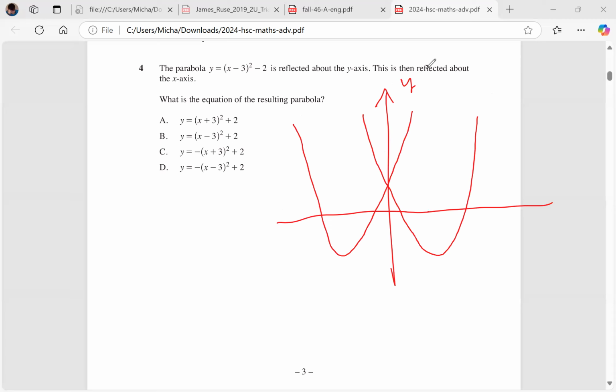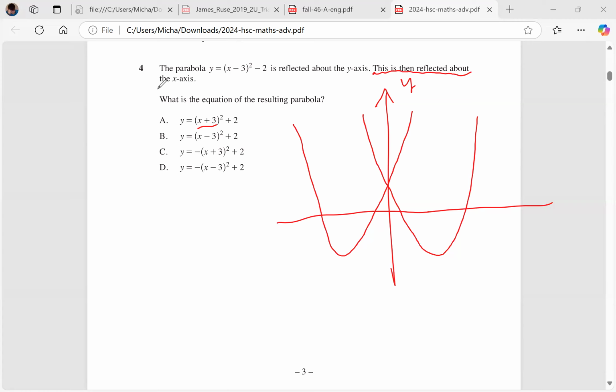When you reflect it about the y-axis, that's the same as switching x with minus x. So you should get (minus x minus 3), so it becomes this. Wait, hold on, I'm not reading the question.